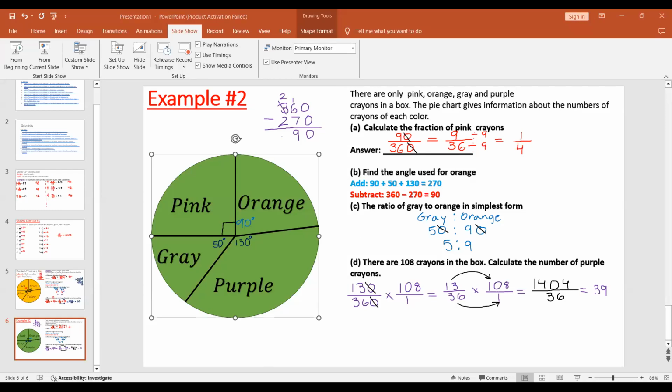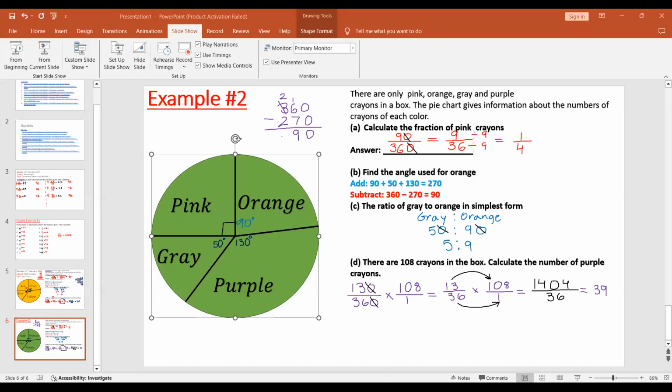So we put 90 degrees over 360. Then we cross out the two zeros, one from 90 and one from 360, which leaves us with 9 over 36. We then have to simplify it, so we divide both by 9. 9 into 9 is 1, and 9 into 36 is 4.